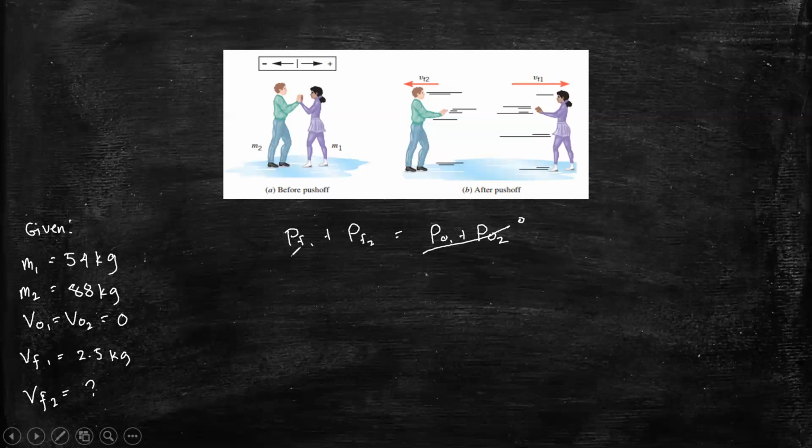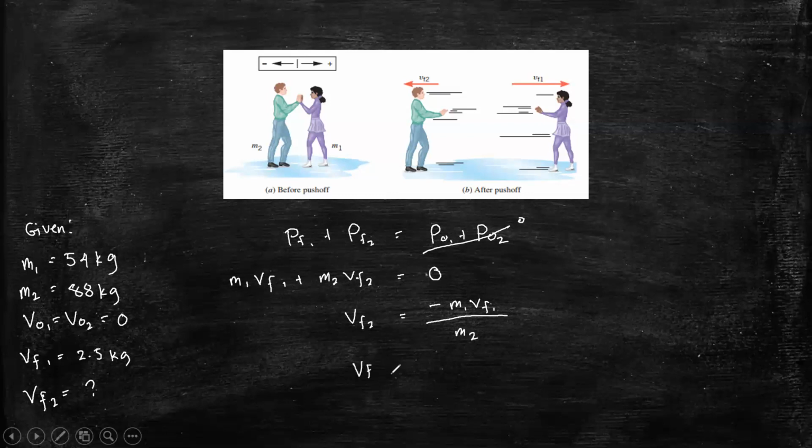Okay, so let's express this with mass and velocity. Therefore, we have mass 1 times its final velocity plus mass 2 times its final velocity is equal to 0. And to solve for the recoil velocity of the man, it is equal to negative the product of mass 1 times its final velocity divided by mass 2.